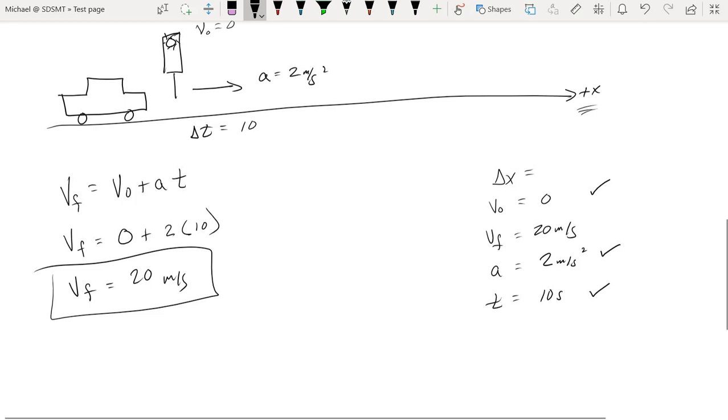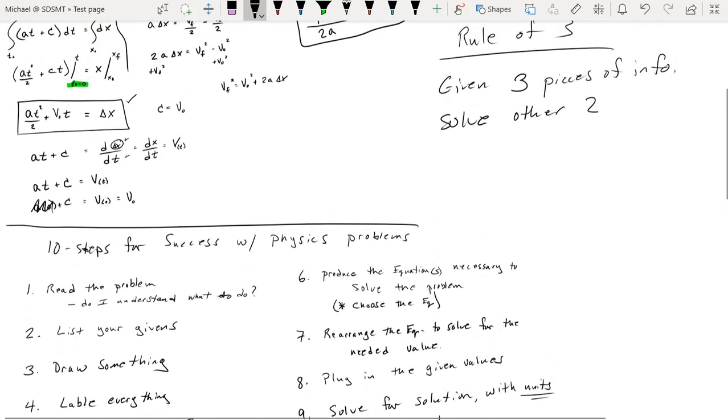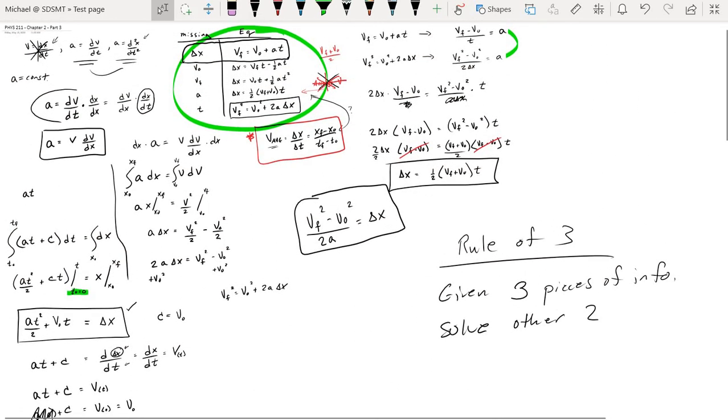I still have these 3 as my given information. Now I want to solve for the displacement, which means that there is no room for the final velocity. So we go back up to our list of equations. The equation that leaves out the final velocity, that's the one right in the middle.